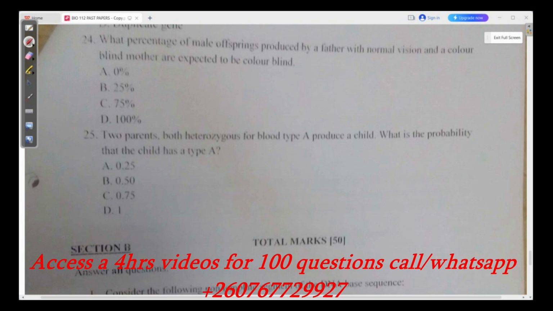25. 2 parents, both heterozygous for blood group A. That is, if we say both are heterozygous for blood group A, it means they are like this. Okay? This parent is also having this genotype. Heterozygous for blood group A produce a child. What is the probability that the child has a type A blood group?